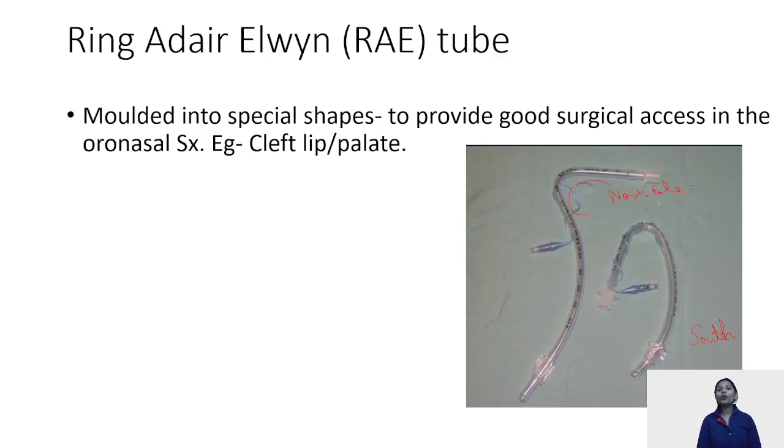The north pole tube gets fixed on the forehead and the south pole tube gets fixed on the chin. The south pole helps in your cleft palate surgeries. The north pole tube helps in your lower jaw surgeries, mandible surgeries, and thyroid surgeries, such that the surgeon has easy access.